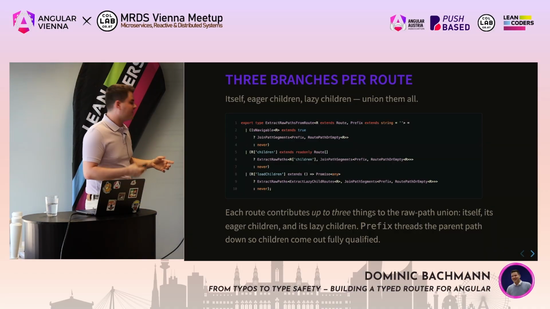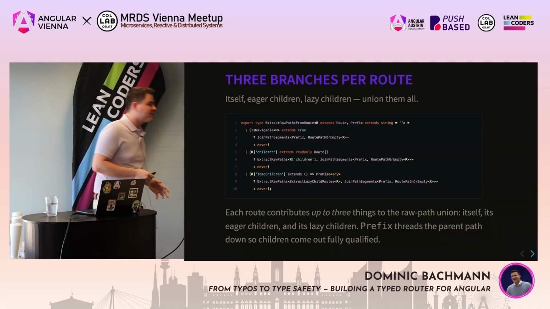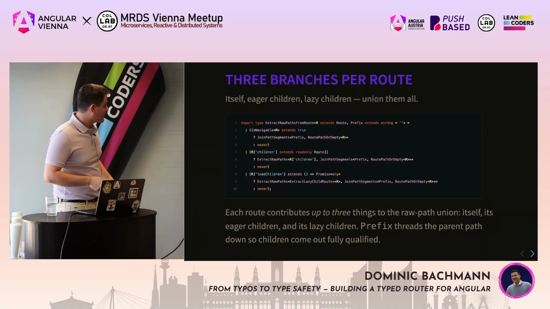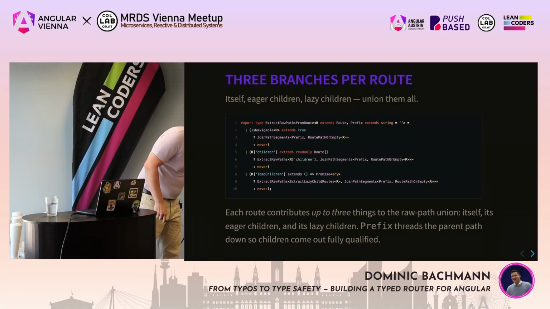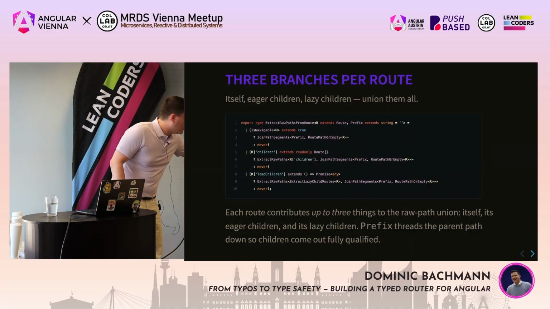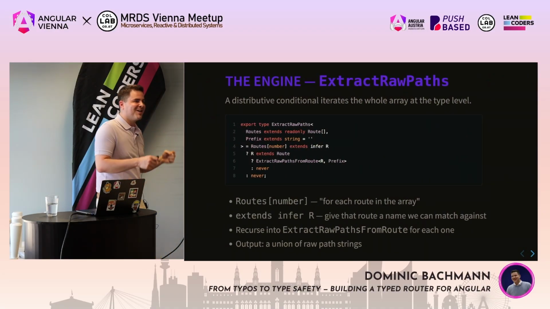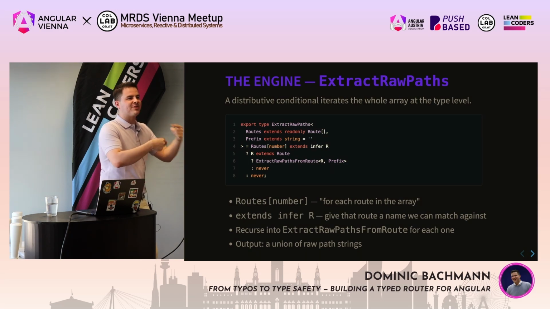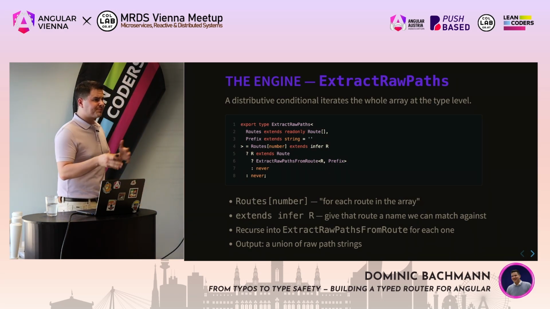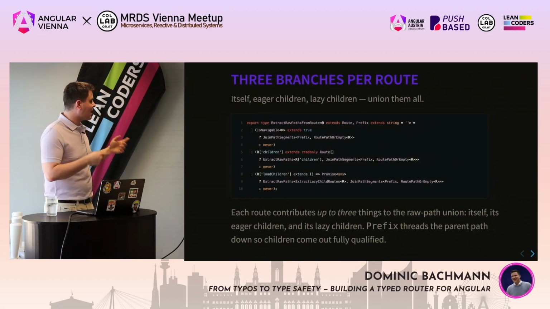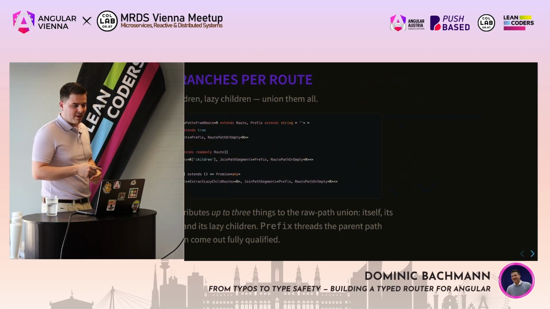We extract the children, or extract the promise from loadChildren, and just get their path and put it together. You see here for the children that they call ExtractRawPaths. That's the type from before. So this is a recursive type. It just iterates the whole route tree with this distributive conditional and extracts all the paths.